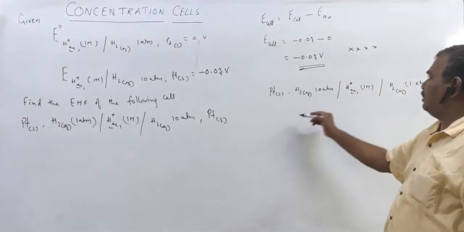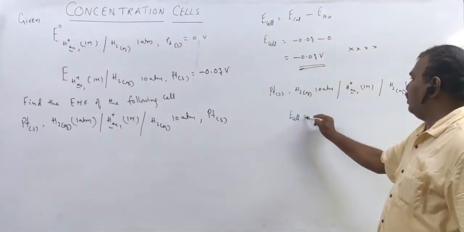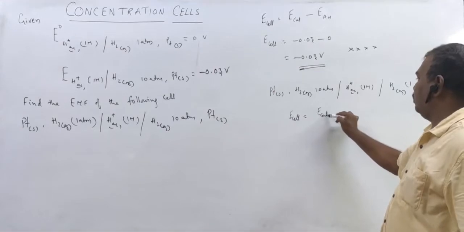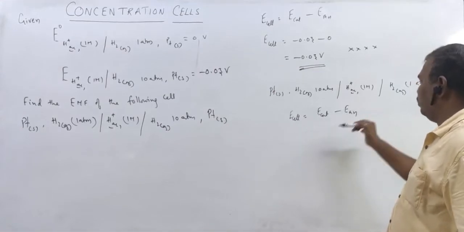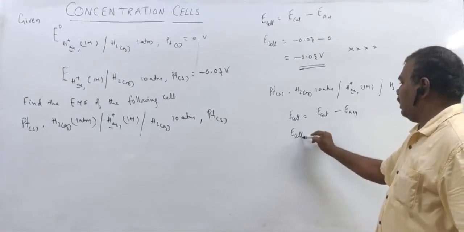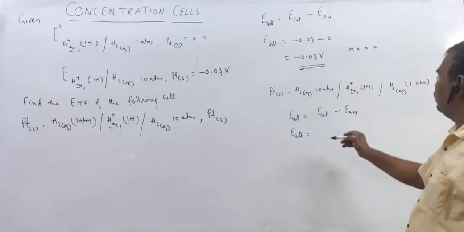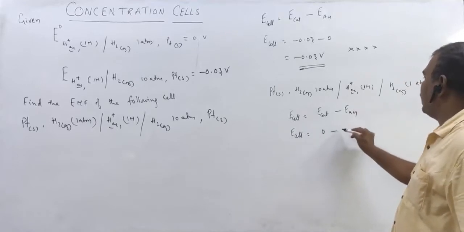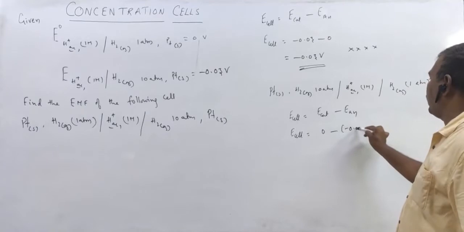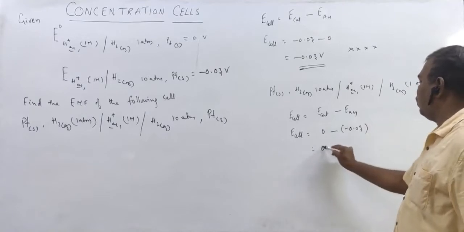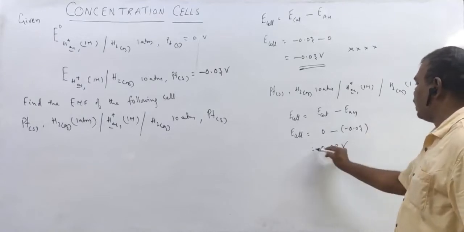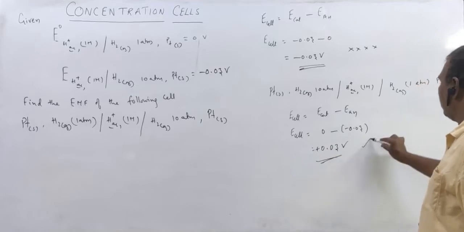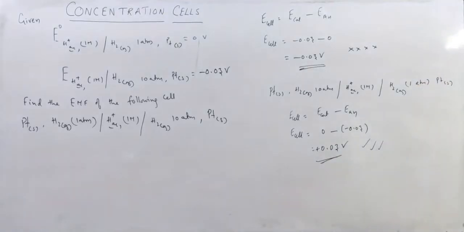Now for this cell, E cell is equal to E cathode minus E anode. So E cell is equal to cathode 0 minus anode minus 0.03. So it is plus 0.03 volts.